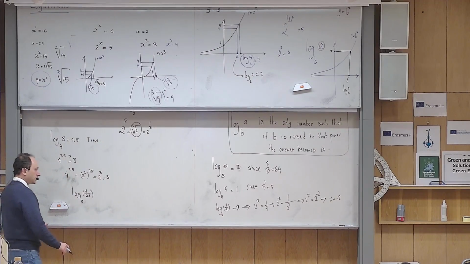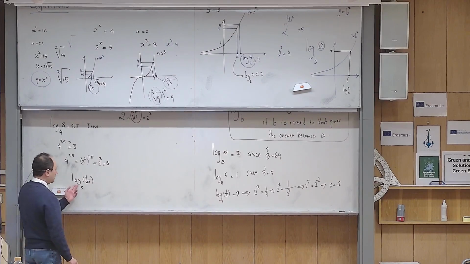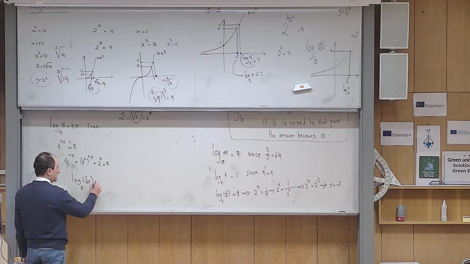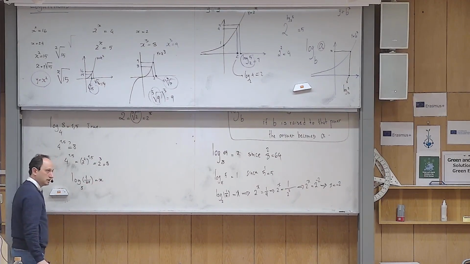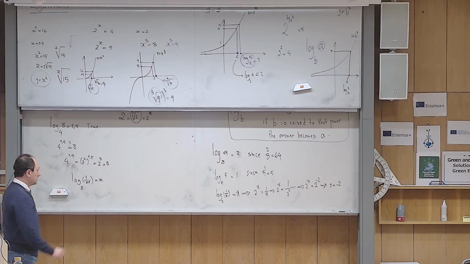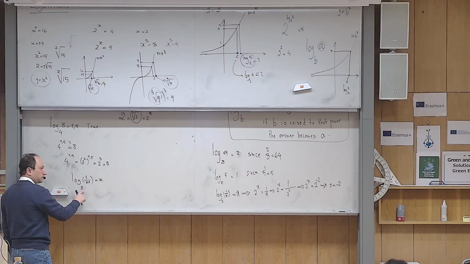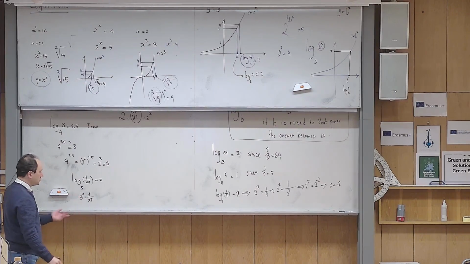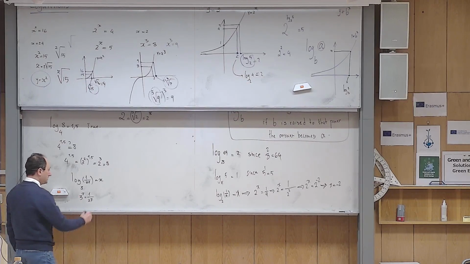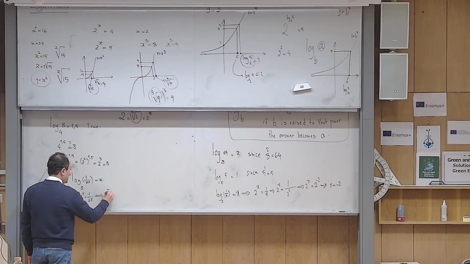But if you cannot guess, how do you solve? You say, okay, I want to solve this, but I cannot guess. I call it x and try to find x. If you write it x, what does it mean? It means 3 to the power of x is equal to 1 over 27. If you can guess at this stage, you are done. If you cannot, you can continue a little bit more. So what can I write for 27?